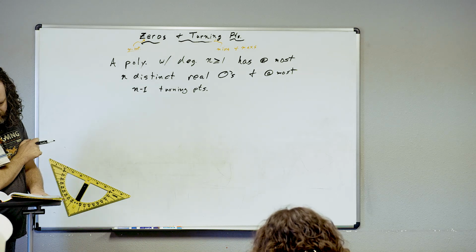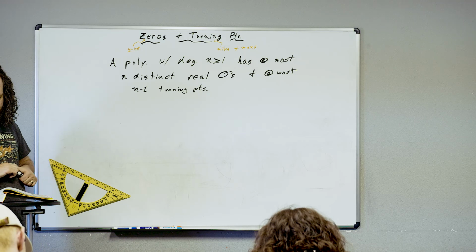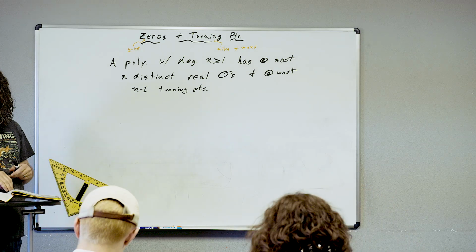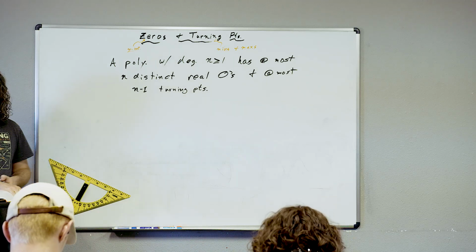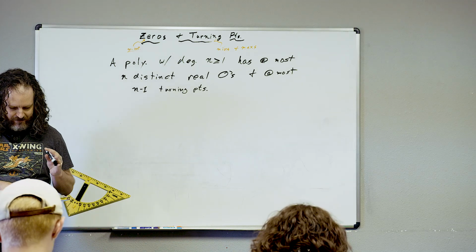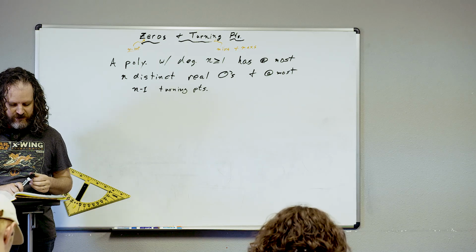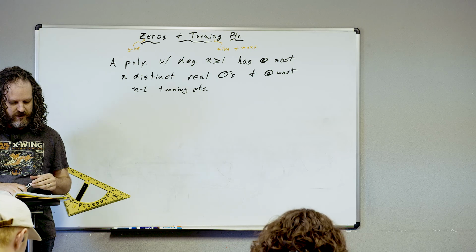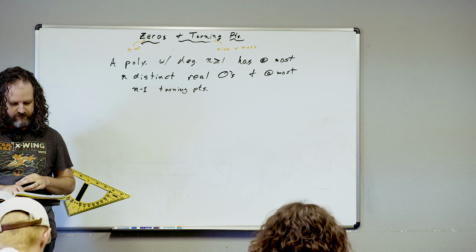So let's look at page 100. And let's do guided practices 3A and 3B. So for guided practice 3A, how many possible real zeros and turning points are there? 3 zeros and then 2 turning points.